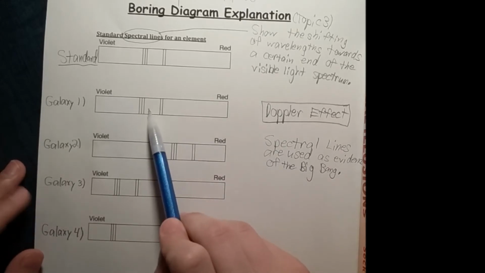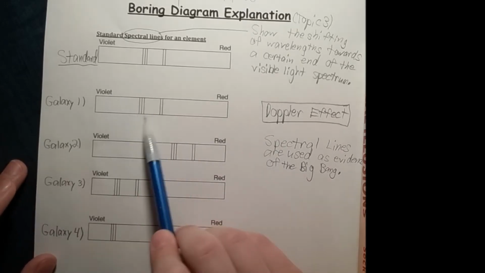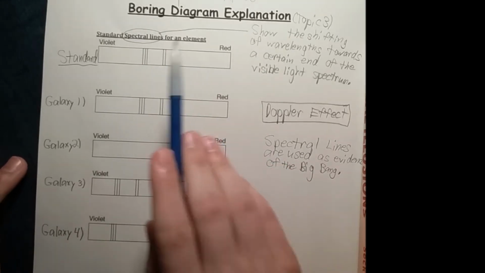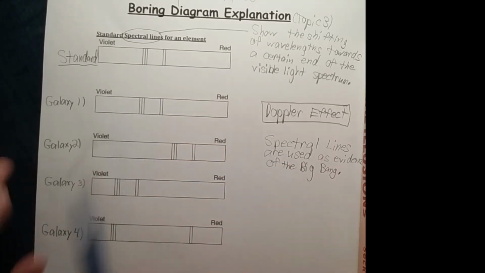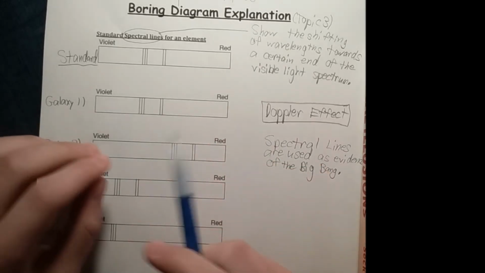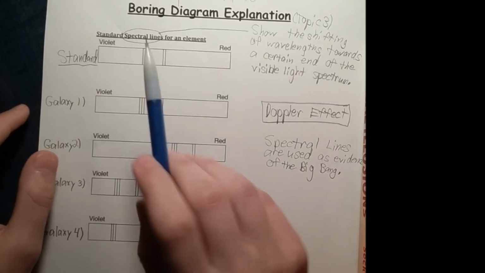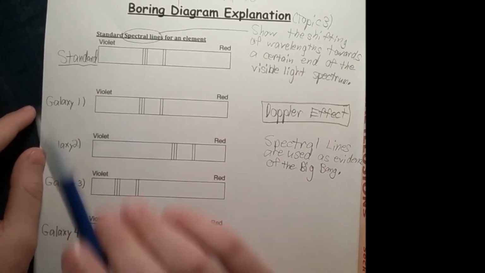If we look at the set of spectral lines that we're given, and we look at the standard set of spectral lines, you're going to see that they're in the same location, which is going to mean that this is not moving away from us or closer to us, because the wavelength is the same as a stationary object.